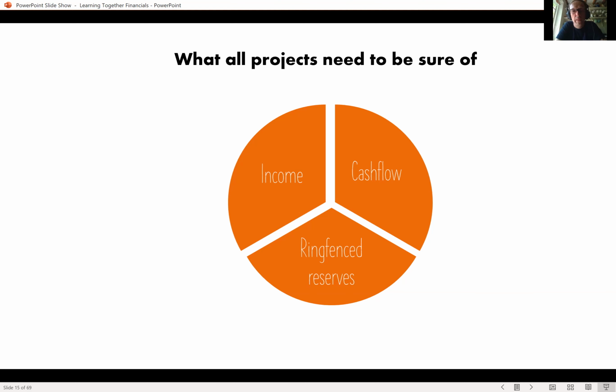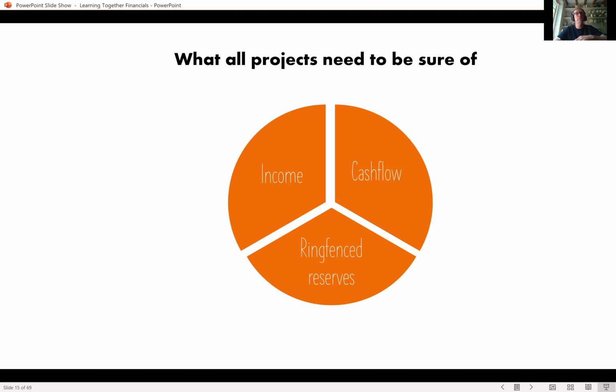Because if you don't manage your cash flow, then effectively you can become bankrupt as a project and close. So the financial model will help you identify the points in time when you're going to have to spend certain pots of money.